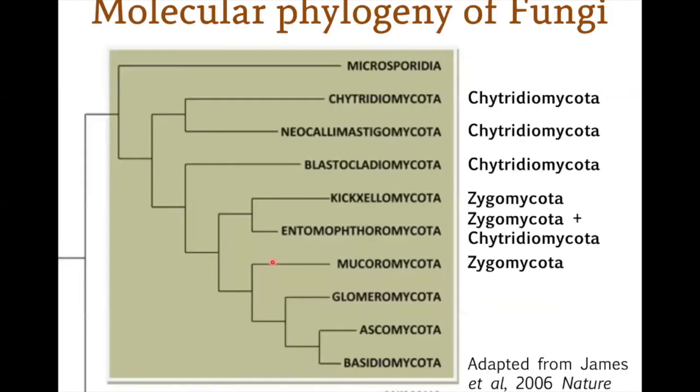Okay, and if we go to the next slide, this is a slide that I showed before, showing the molecular phylogeny of the fungi. And now we're in a position to interpret this tree. What we can find is that the Ascomycota are a nice monophyletic clade, the Basidiomycota are a nice monophyletic clade, and the Glomeromycota are a nice monophyletic clade by themselves.